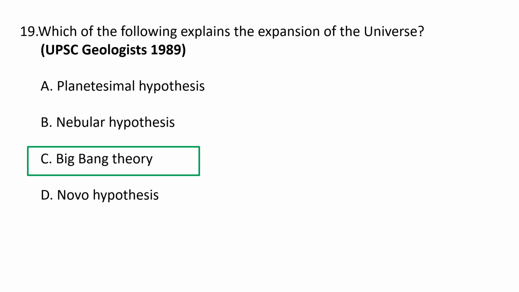Simply, it says the universe as we know it started with an infinitely hot and dense single point that inflated and stretched. It is the idea that the universe began as a single point, then expanded and stretched to grow as large as it is now, and still it is stretching. So C, Big Bang theory, is the correct option.